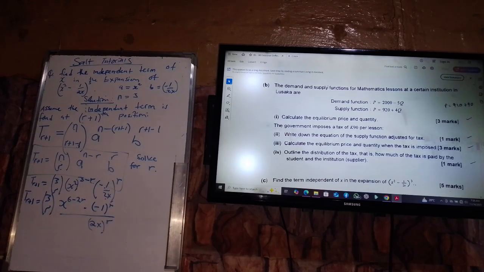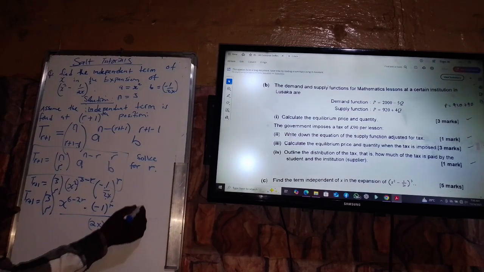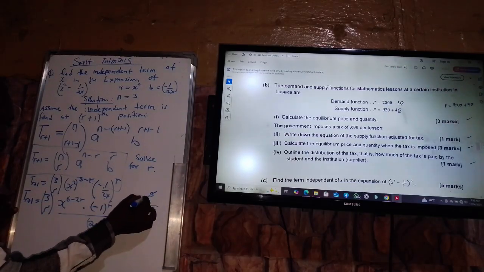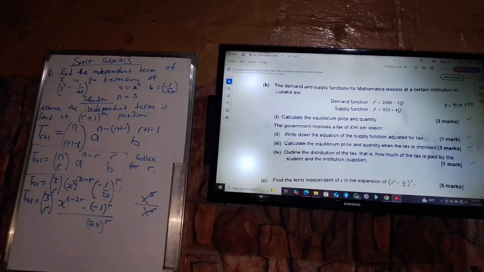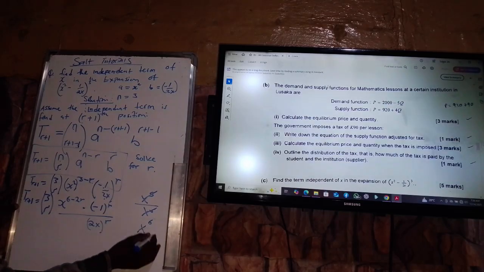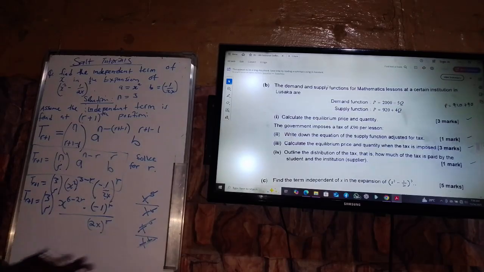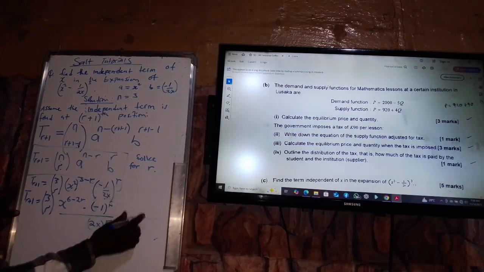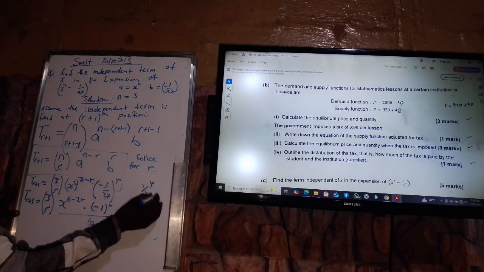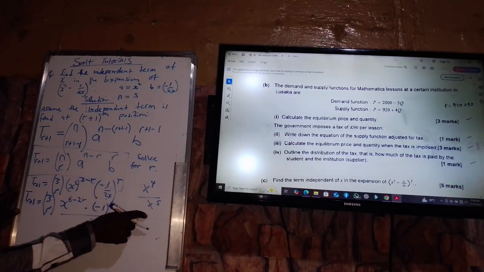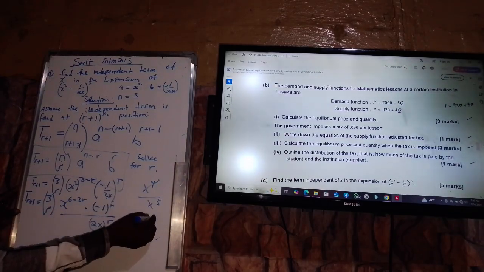For example, if I have x power 5 over x power 5, this can cancel out. If I have x power 6 over x power 6, this will cancel out. But if I have x power 4 here and x power 5 here, it won't completely cancel out. The 4 and the 4 will cancel out, and we will remain with 1 over x.